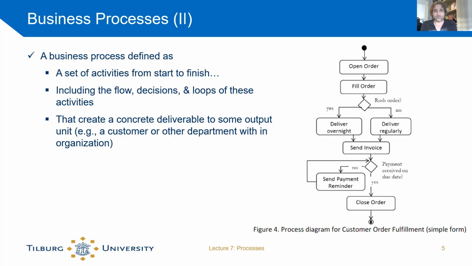If we receive the payment on the due date, we close the order. If not, we send a payment reminder, and then we check if that payment is received on the due date again. So that's a loop. And if yes, finally, we close the order. So that's a simple business process.